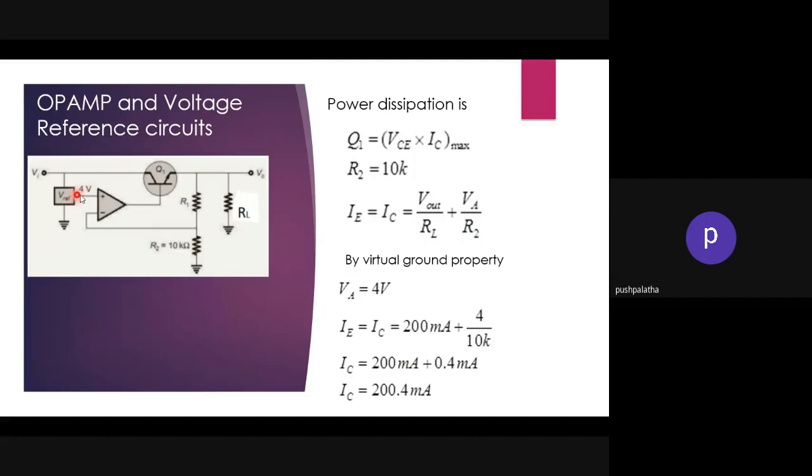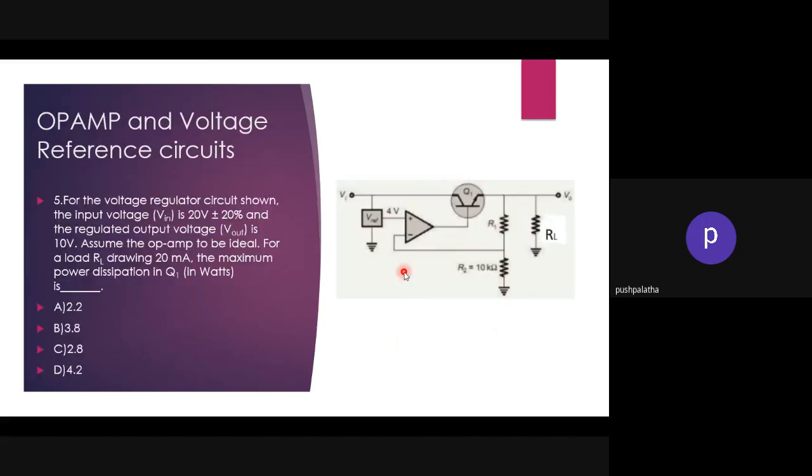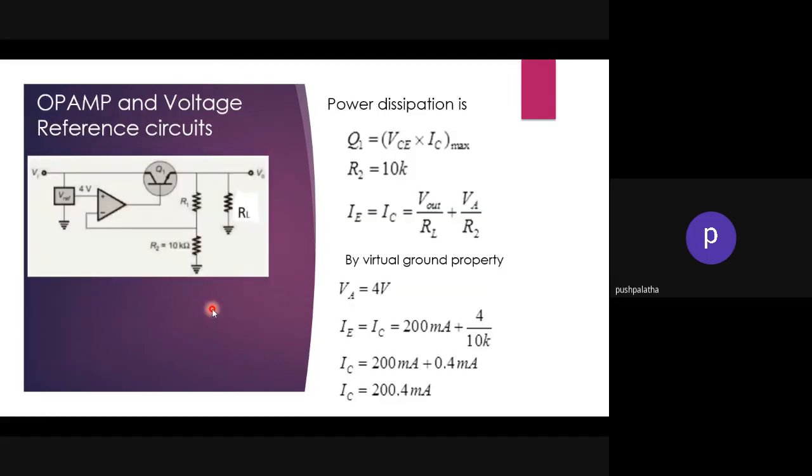The reference voltage here is given as 4 volts, so VA equal to 4 volts. Now IE equal to IC, where the Vout by RL value is clearly given as drawing 20 milliamps, so it is 200 milliamps, plus VA over R2, which is 4 divided by 10K, that is 0.4 milliamps. So now IC equal to 200.4 milliamps.